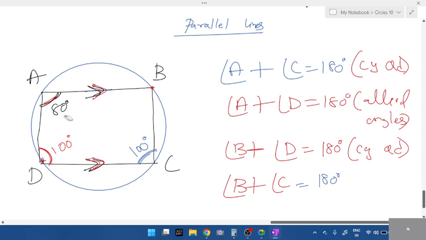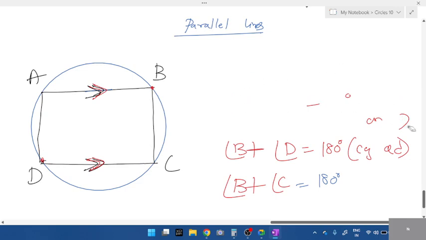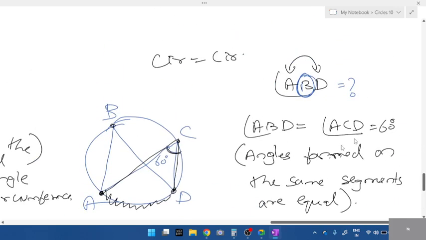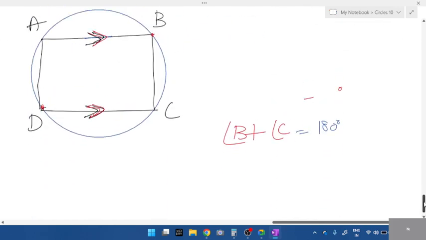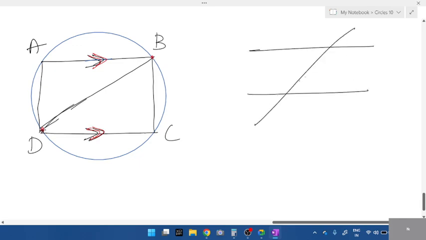Okay. So in parallel line, I'll teach you what is interior alternate. Imagine this is a cyclic quadrilateral. Then there's a last concept, isosceles. We'll do it later. Imagine this is a cyclic quadrilateral, students. In this cyclic quadrilateral, I'll draw one transversal line like this.